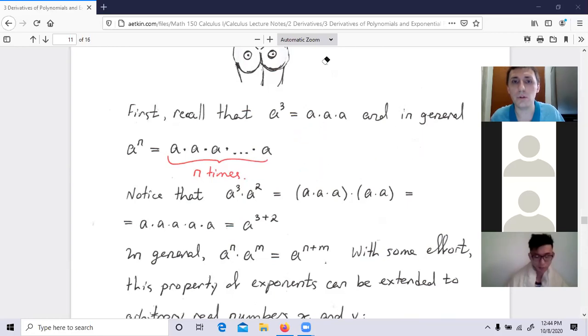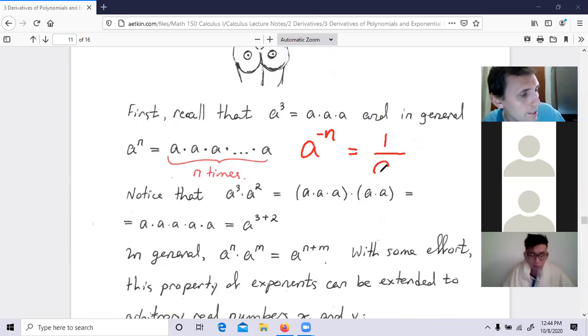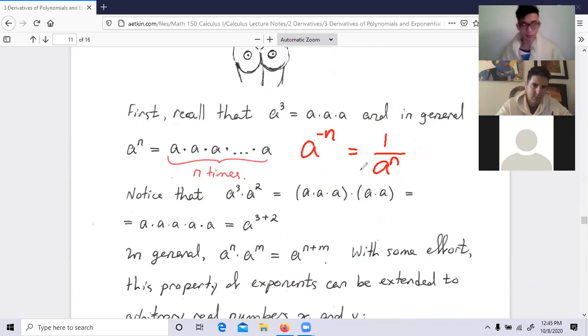If I want this rule to hold all the time, I am going to define a to the power of minus n, where n is a positive integer, to be 1 over a to the n. In other words, the minus in the numerator means that once cancellation has taken place, only the denominator survived. You understand?